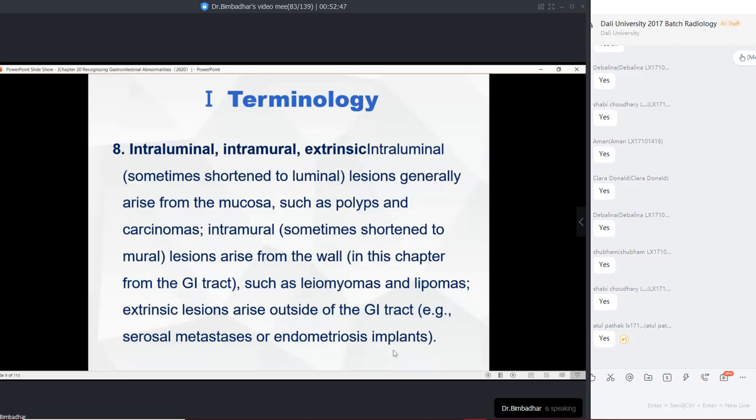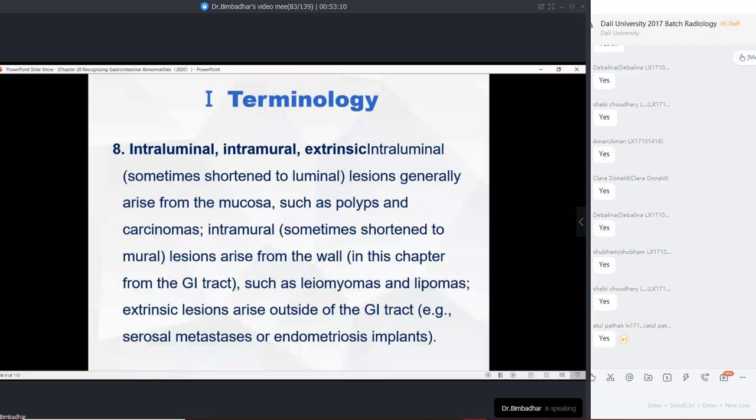So there are three types of lesions that we will be observing. Intraluminal, the best example is a polyp or a carcinoma. Intramural comes from the muscularis layer of the intestines, and shows up as leiomyomas and lipomas that arise from the wall.